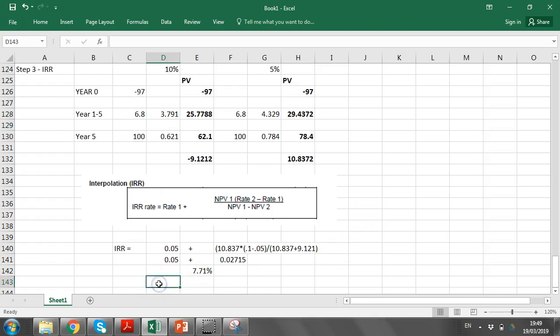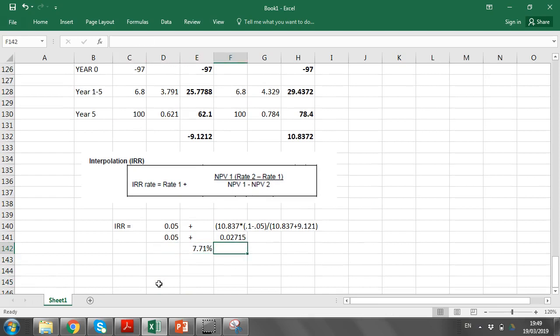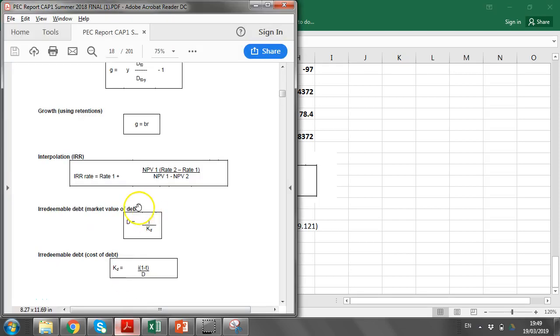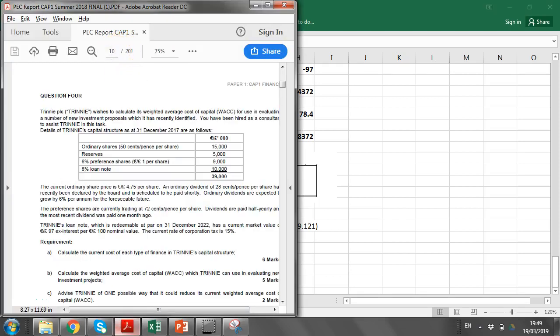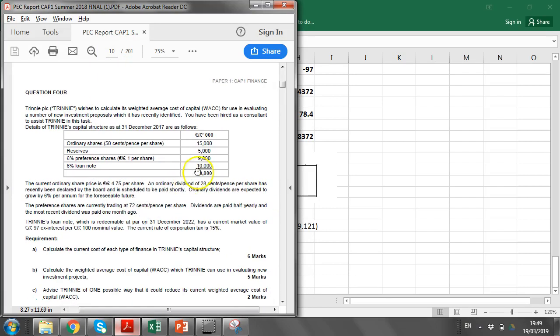So we have our IRR. That's the after-tax cost of debt. We've already adjusted for tax. And to get your market value, you're going to be multiplying the number of bonds times the value. So if we go back to the question, there is 10 million in loan notes and they're trading at 97%.